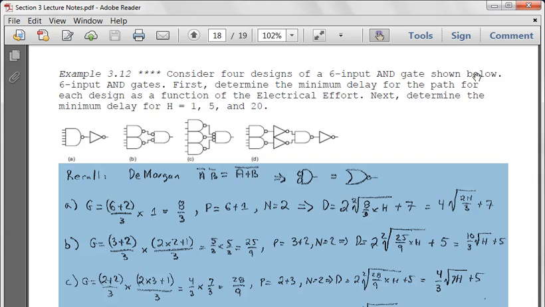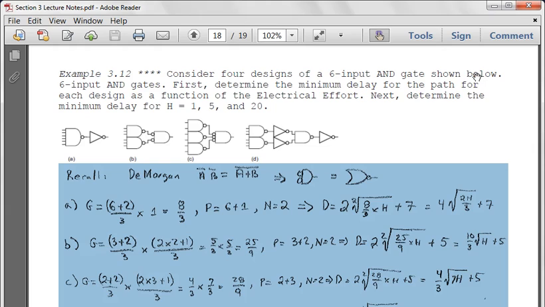We have an AND gate with 2 inverters on the input, so it's not A and not B. Here we have 3 2-input NAND gates and 1 3-input AND gate with the inverters. Likewise, we have 3 NAND gate inverter, NAND gate inverter. So now we have 4 stages, 3 stages, 2 stages, and 2 stages.